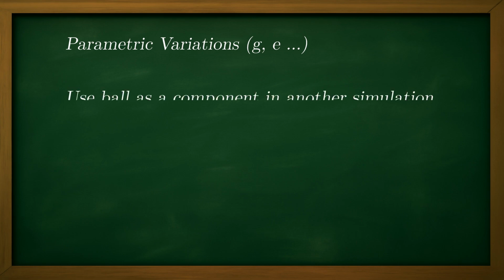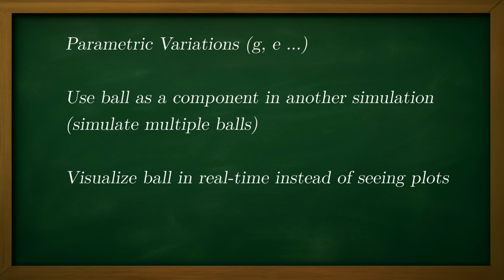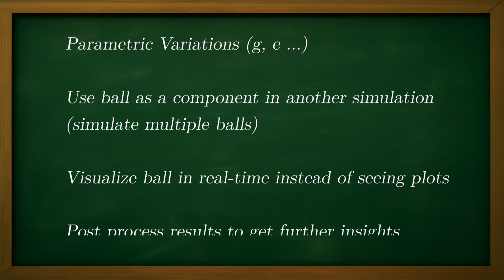How can we use these ball models as objects in other simulations? How do we visualize the simulation in real time rather than using static plots? And how can we post-process our simulation results to get additional insights and verify some of the fundamental principles like conservation of energy, transfer between kinetic and potential energy, and so on?